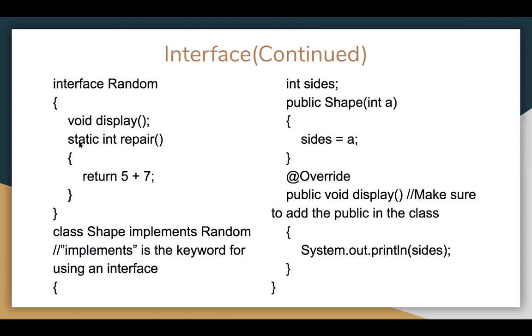I didn't teach it before since I didn't know about it until now. But it is possible to put static methods within regular classes like this. It's just that instead of using an object to call it, you would use the name of whatever it is and then dot whatever the name of the method is.